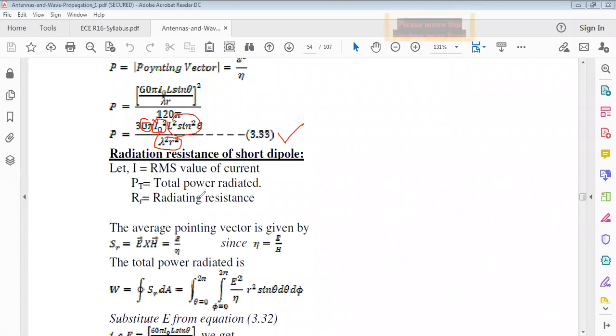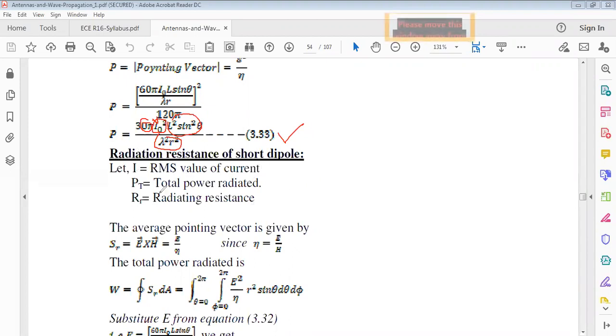When we pass some DC current through a wire, it is able to produce some heat. How much AC current is required to produce the same heat? That is the RMS value. Understand? That is the difference between AC and DC.